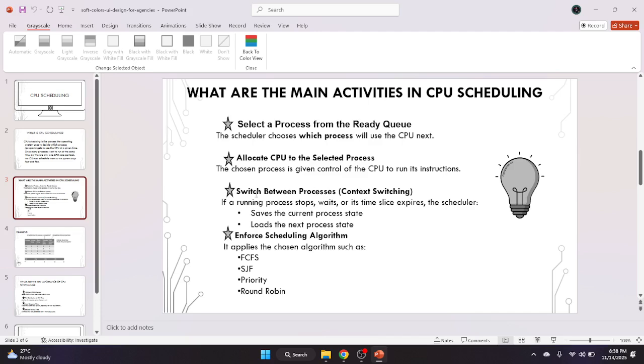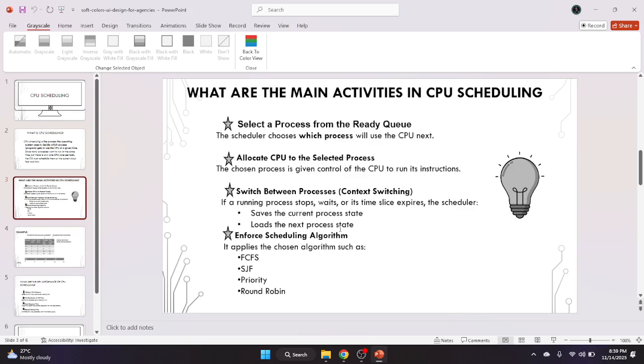The third one is switching between processes, or context switching. If a running process stops, waits, or its time slice expires, the scheduler saves the current process state and loads the next process state. When this happens, the system must switch to another process.